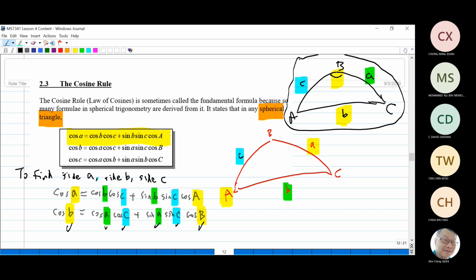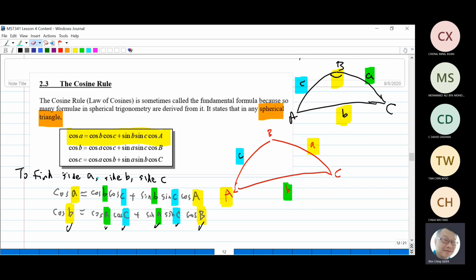So let me WhatsApp this to you here. Again, you can actually change the formula, and you compare this to the spherical triangle.